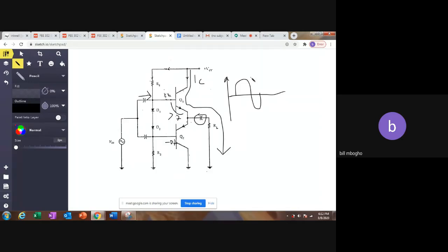During the first cycle it was conducting and this capacitor was charging, but during the second cycle the capacitor begins to discharge, so current comes like this. It's going to draw current from here, and that's how we get a negative cycle. Notice that during the first cycle, we were drawing from the source, from VCC.